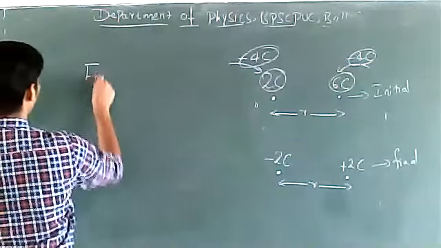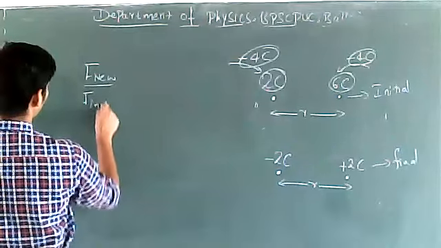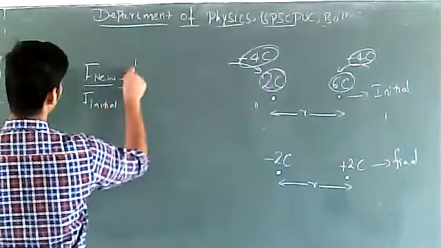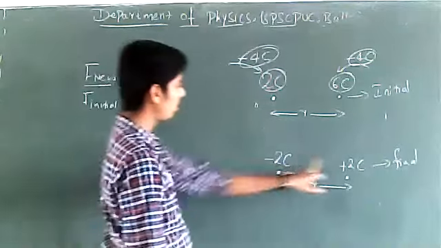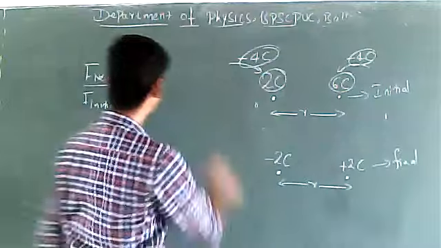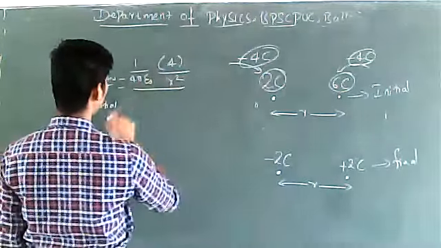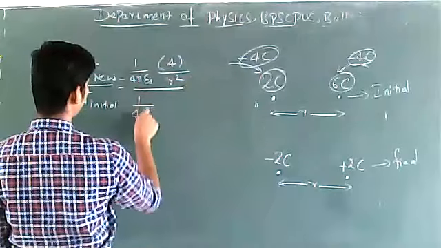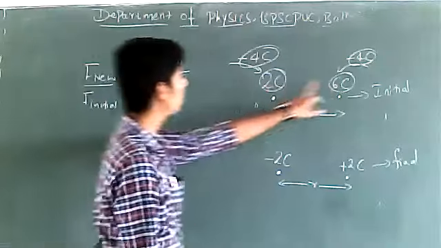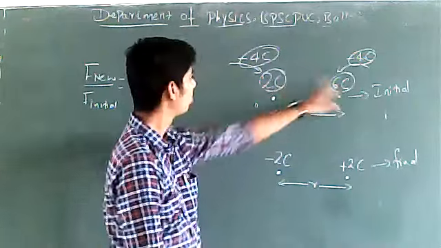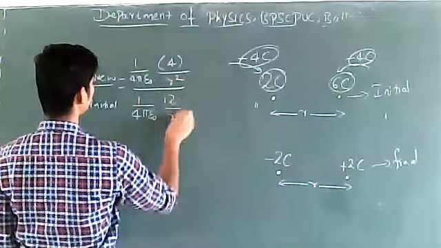F new to F initial can be written as 1 by 4 pi epsilon naught times the new charges, 2 and 2 coulomb, so this will be 4 divided by r square, over 1 by 4 pi epsilon naught times the initial charges, 2 and 6, so 2 sixes are 12 divided by r square.